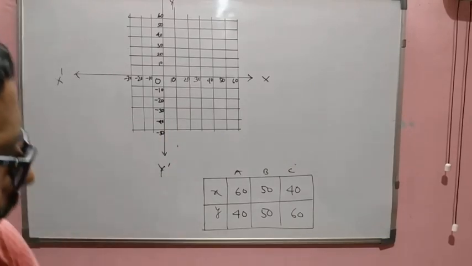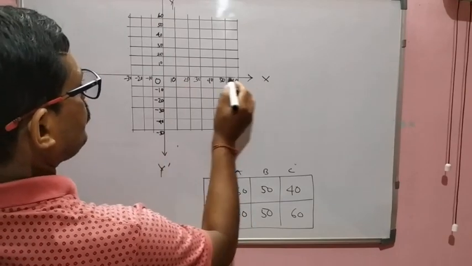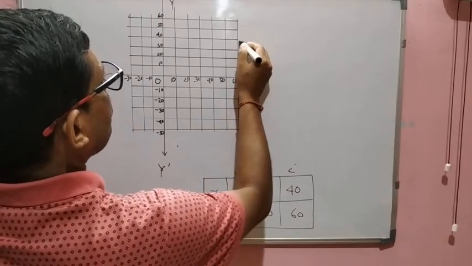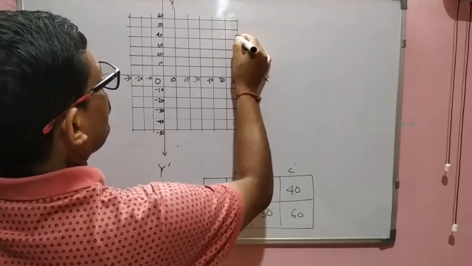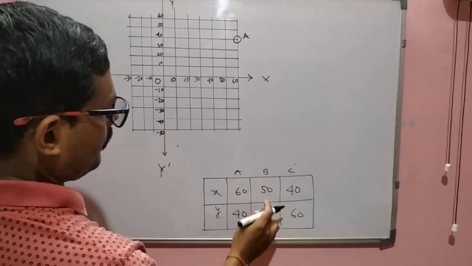Now what to do? This point is A, 60, 40. 60, then 1, 2, 3, 4, 40. So this will be the point A. Next, point B, 50, 50.